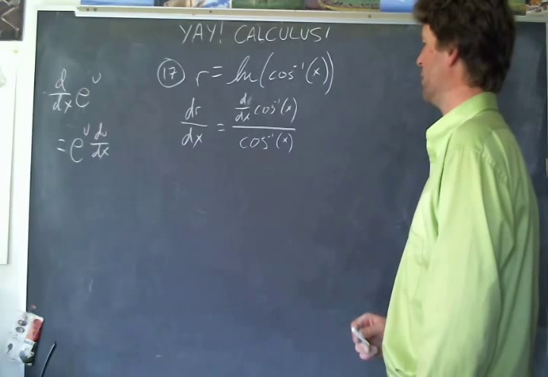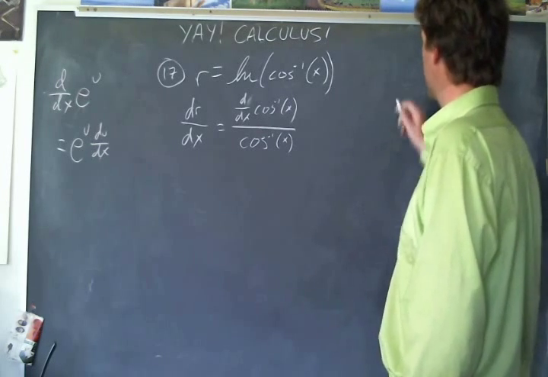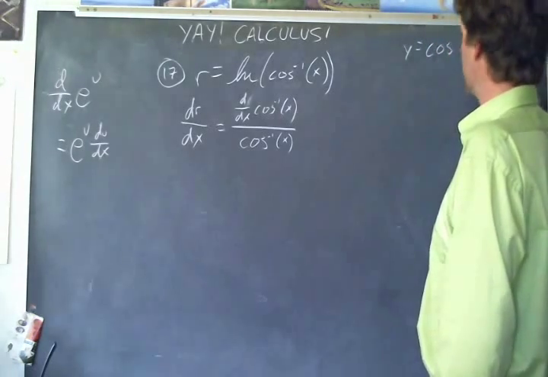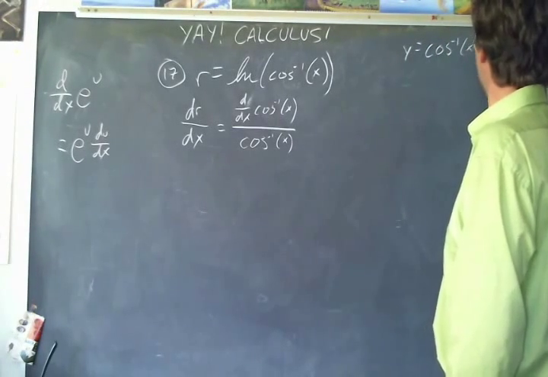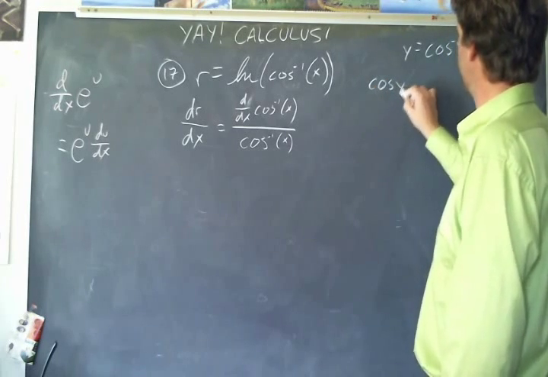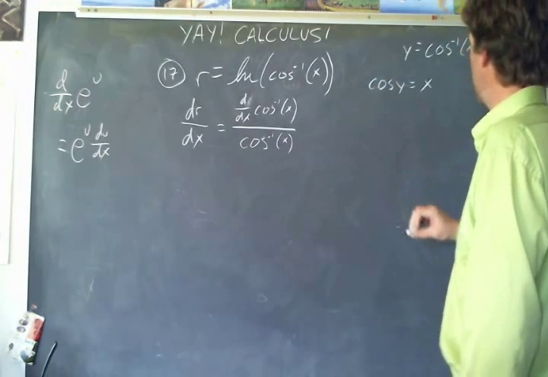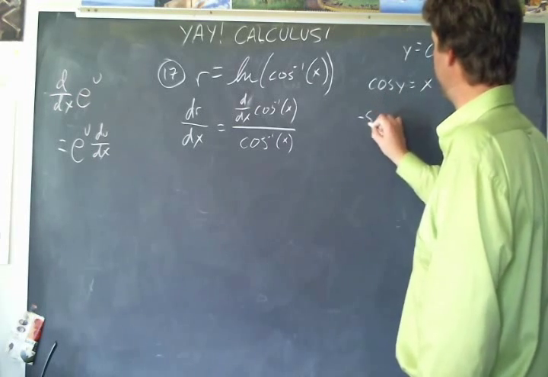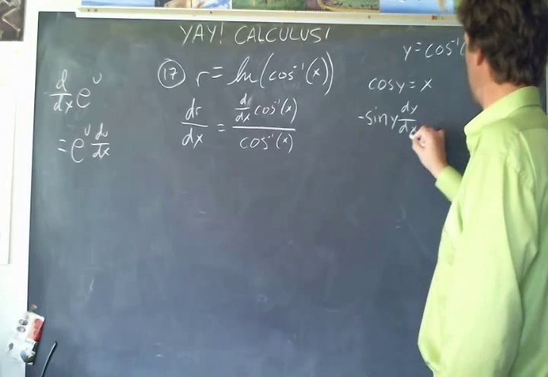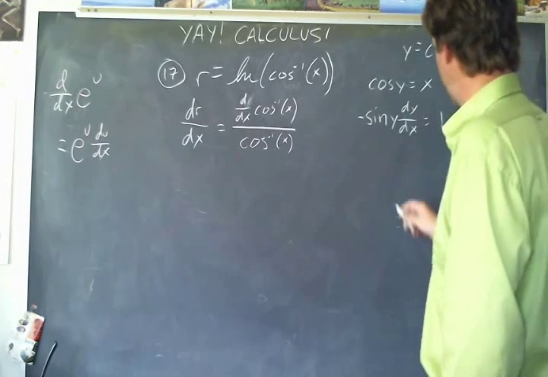Derivative of inverse cosine of x. I can't remember the formula per se, but we can always do it. Let's do a quick derivation, eh? Take the cosine of both sides. Take the derivative of both sides. Divide.